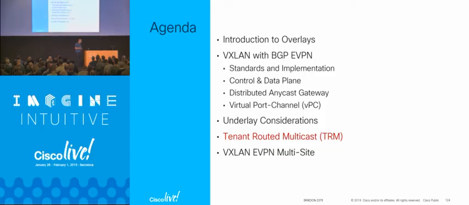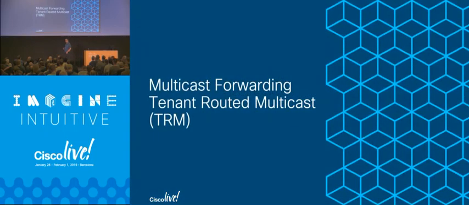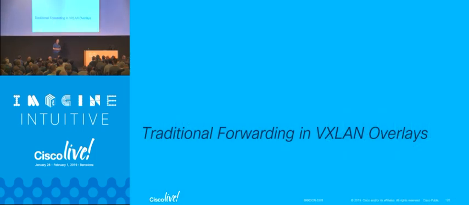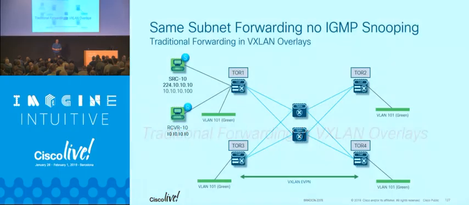A little bit of TRM. Anyone having a multicast use case in the overlay? 1, 2, 3, 4? Okay. There's a problem in VXLAN I alluded to initially, and it is that multicast is being treated as broadcast down on unicast and multicast.